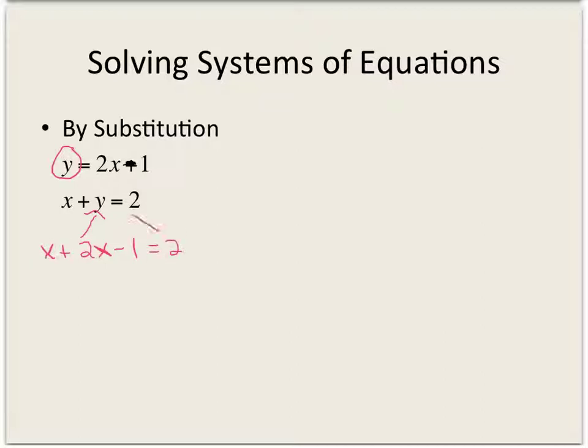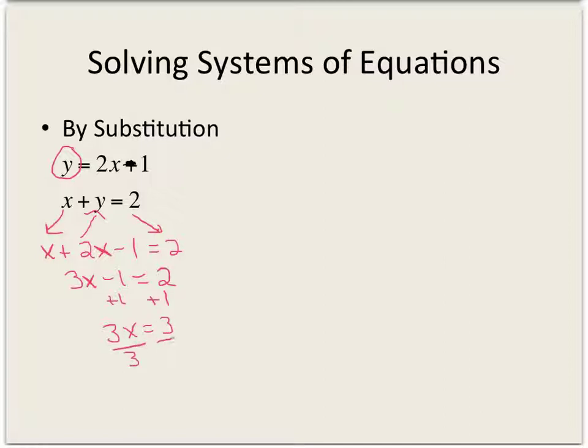Notice I brought down the 2 and the x, but I changed the y to 2x minus 1. Now, the reason we do this is because we now have an equation with only one variable that we can solve for. 3x minus 1 equals 2. Add 1 to both sides, and we get 3x equals 3.